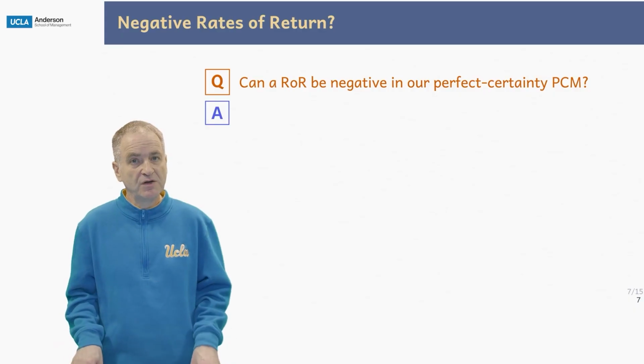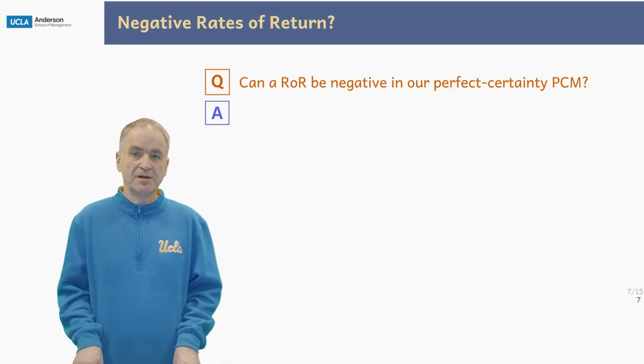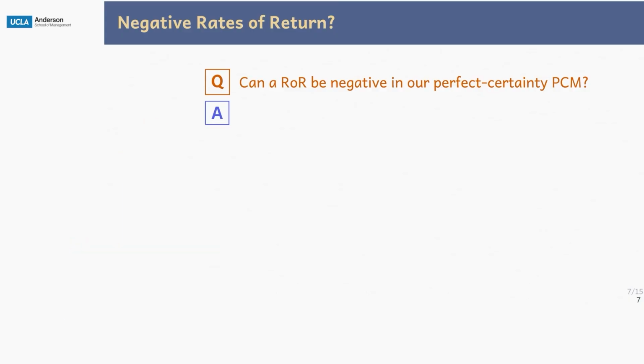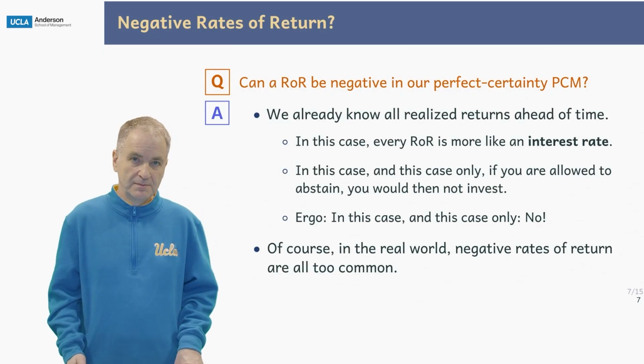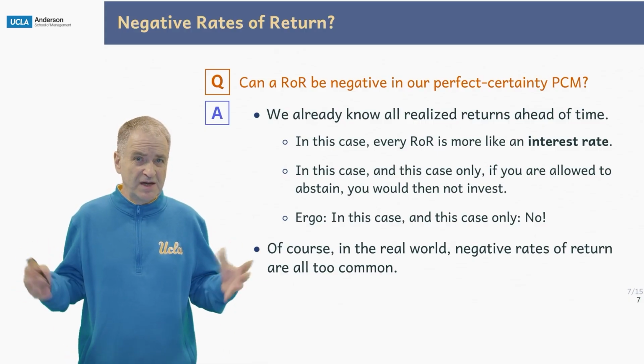Can a rate of return be negative in our perfect certainty, perfect capital market? Please pause this video now, answer the question on a piece of paper, and then continue. Well, we already know all realized returns ahead of time.